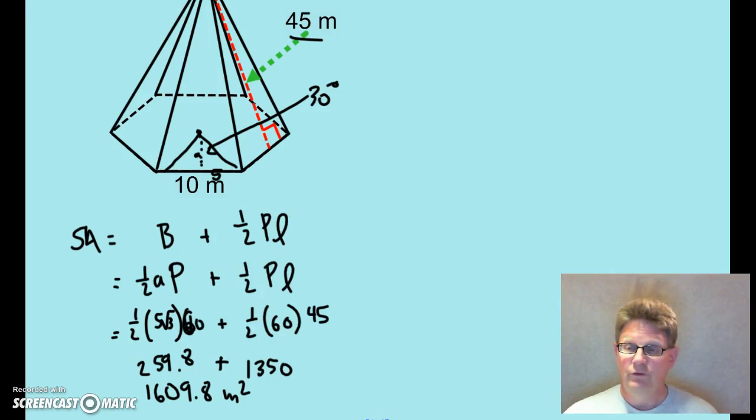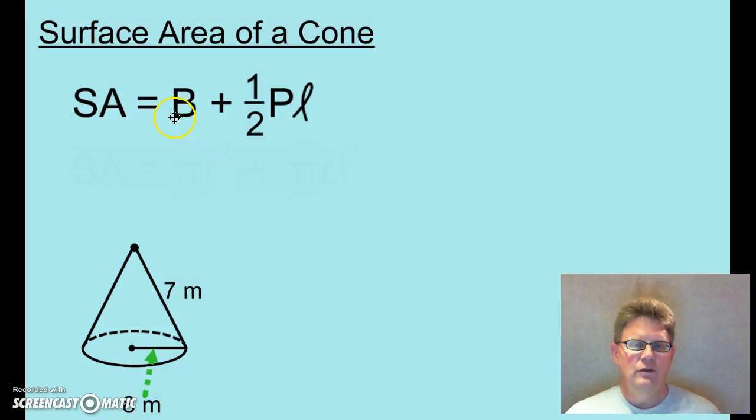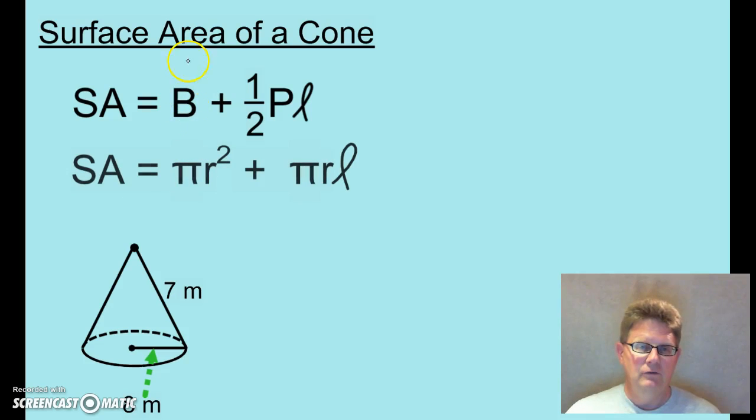Okay, let's do the surface area of a cone. This is the surface area for a pyramid, but since this is a cone, we're going to alter that a little bit. The area of the base is a circle, right? And this is 1/2 the perimeter times the slant height.